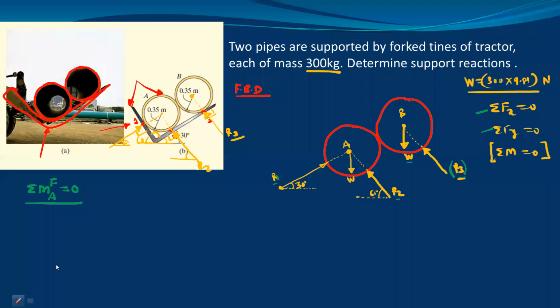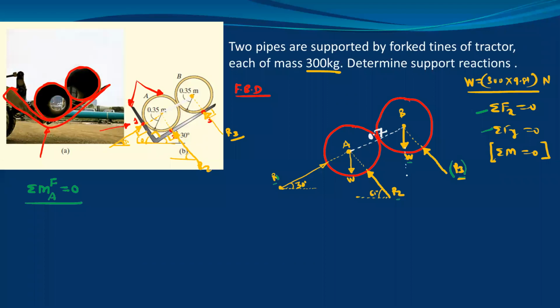I will make one construction. Join point A with point B. This distance AB is given in the problem. The radius is given as 0.35, so this distance is nothing but the addition of the radii, so it is 0.7. Then this weight W is acting in this direction.